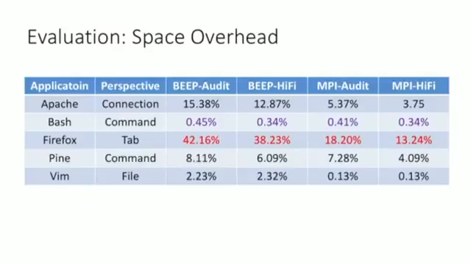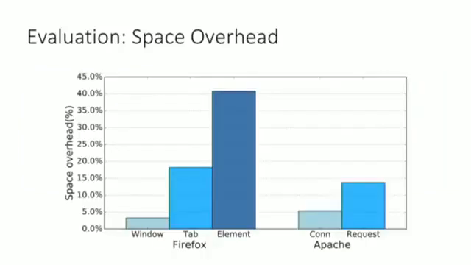But for other programs like Bash, one event handling loop is just one user command. I mean, it's already very high level. So the MPI partition and the BIP partition will be very similar, because BIP doesn't really generate many redundant events.